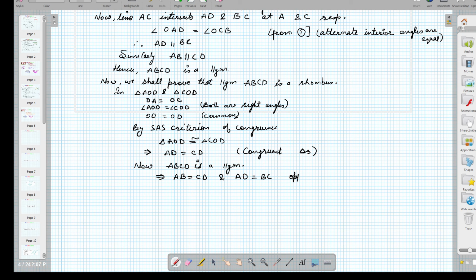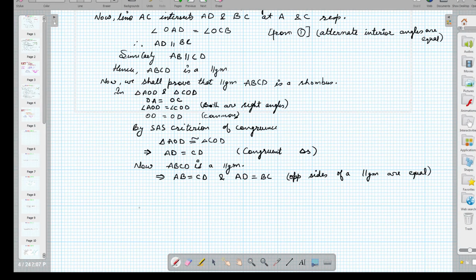Because from the property of parallelogram, the opposite sides of a parallelogram are equal.